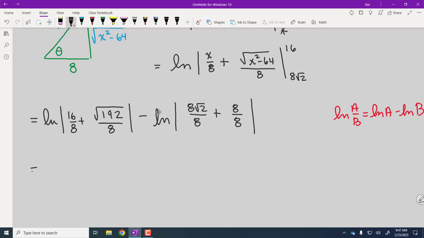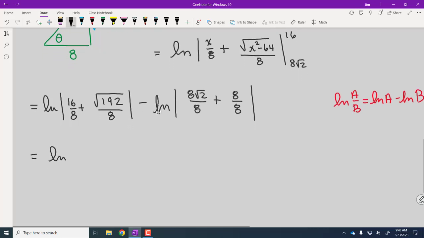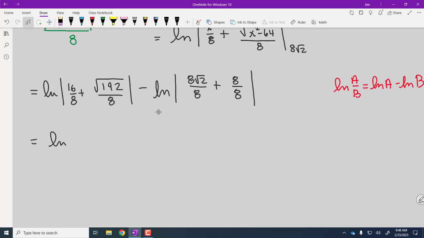So this will be the log of that in the numerator, so 16 plus root 192 all divided by 8. And all that's going to be divided by this one, which is 8 root 2 plus 8 all divided by 8.